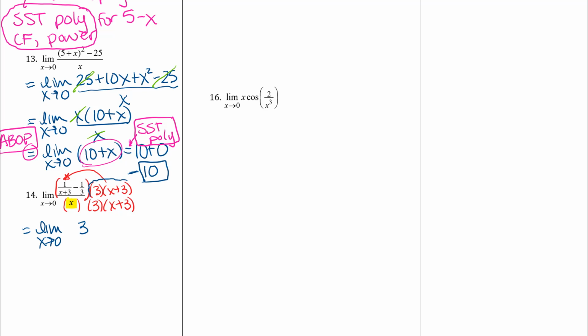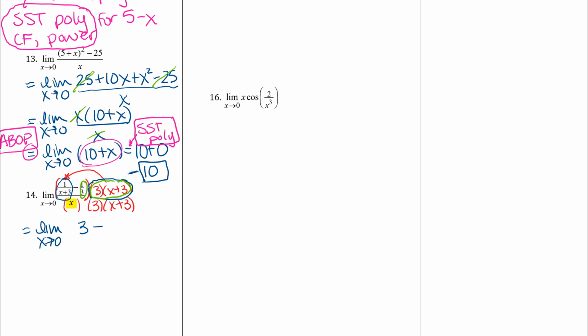So when I take this 3 times the quantity x plus 3 and I multiply it times the 1 over x plus 3, the x plus 3's will cancel, and I'll just be left with 1 times 3, so just 3. And then when I multiply to the second term on the numerator, I'll circle that in a different color here. When I multiply the 3 times x plus 3 to the second fraction here on the numerator, the 3's will cancel. And so then I'll be left with x plus 3.